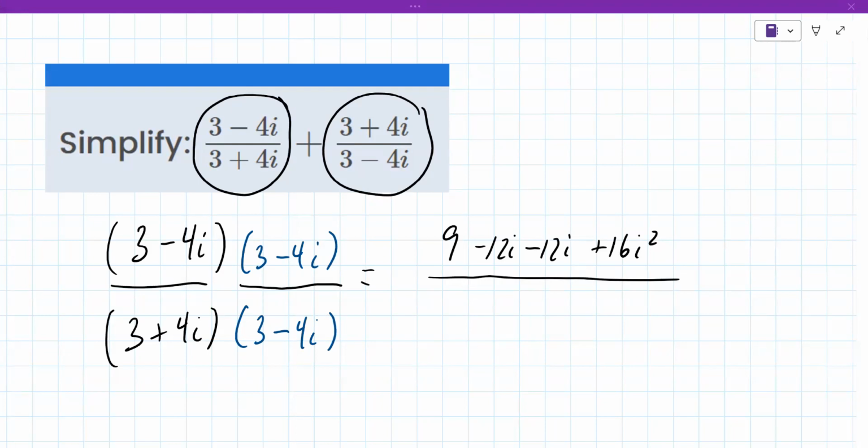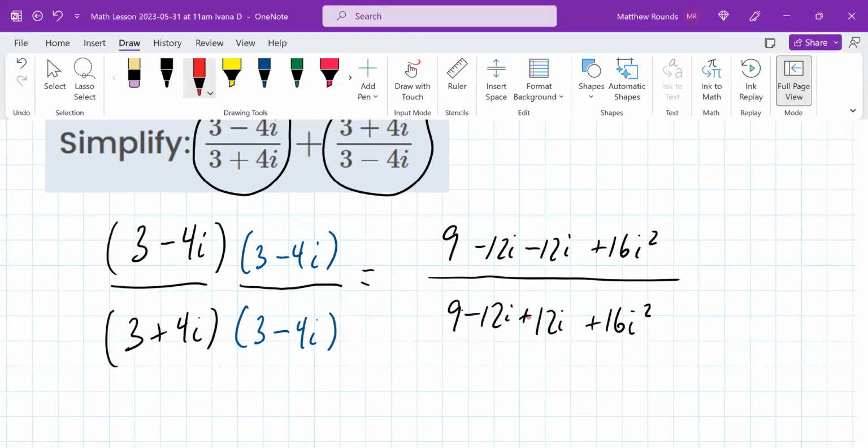It's 9 minus 12i plus 12i minus 16i squared. Very good. So again, you notice that you get some cancellations down the bottom.